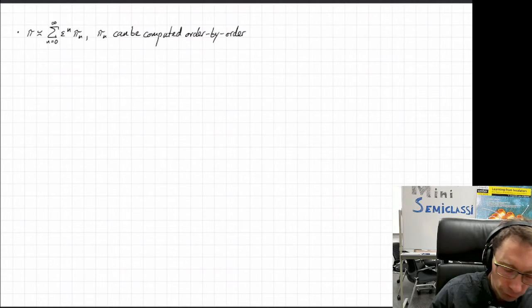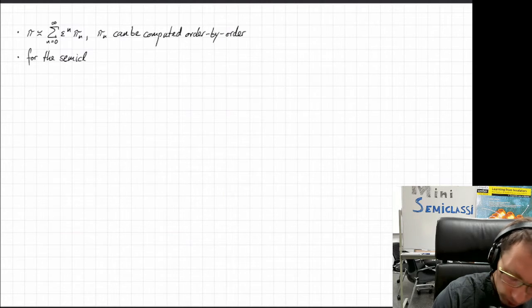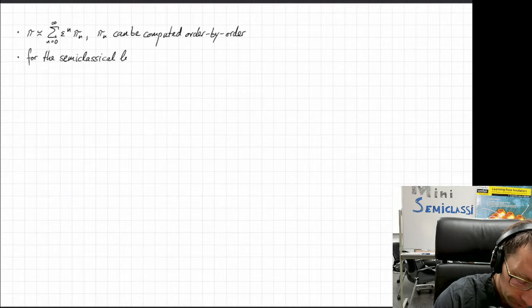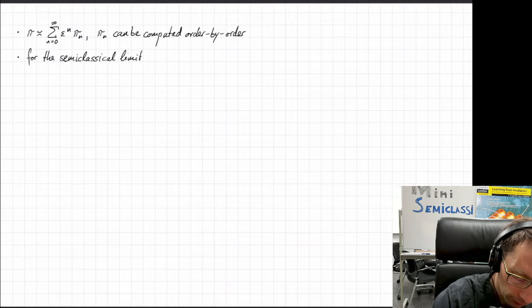But for the semi-classical limit, there's a nice fact. It turns out, and this is not quite trivial, but if you look at the formulas in the right way, you get cancellations. In fact, only pi naught is needed.